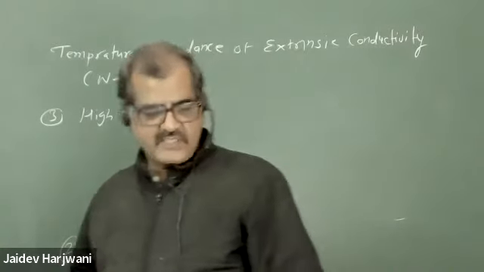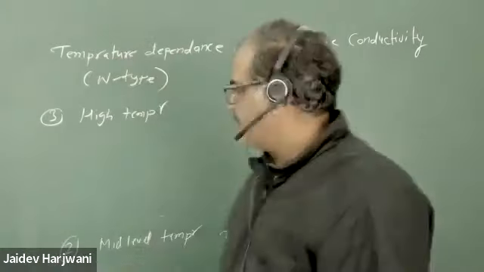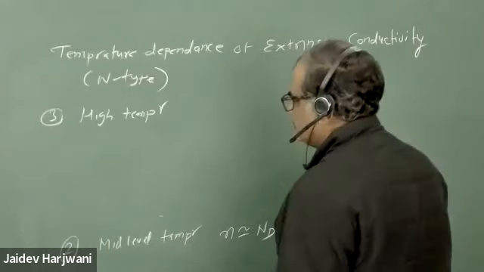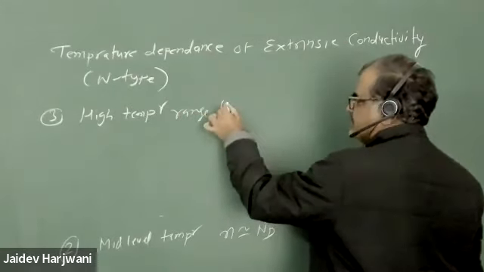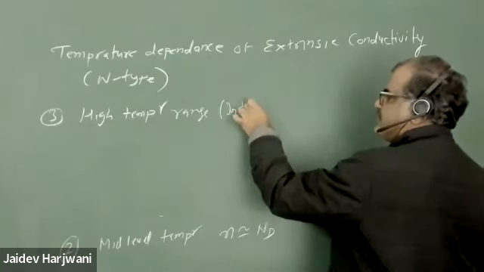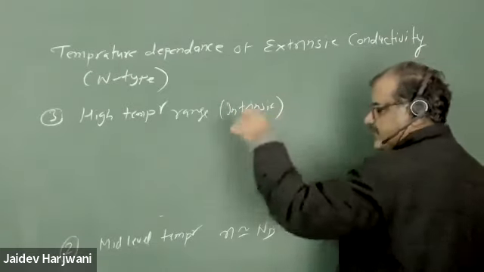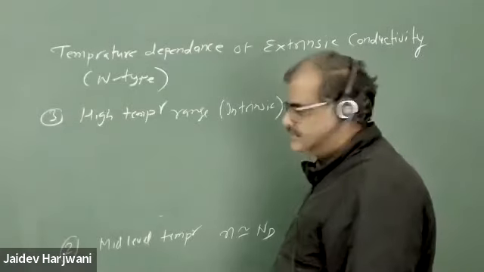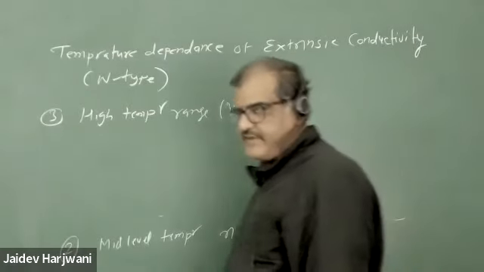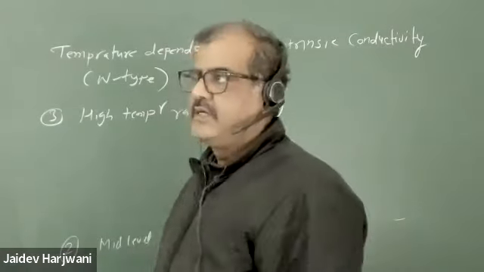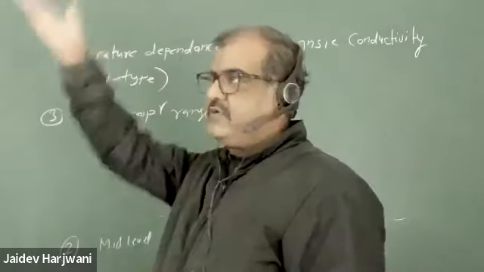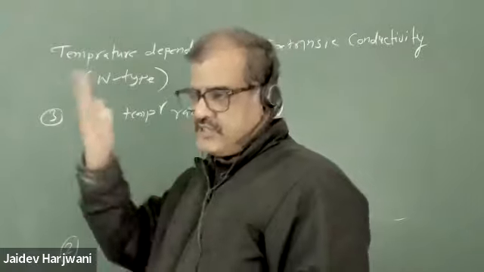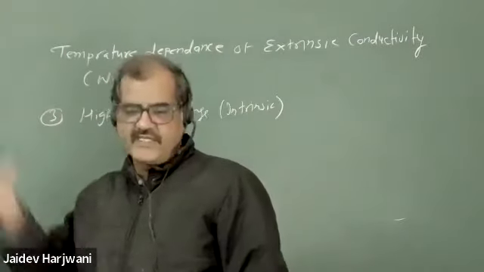Once you increase the temperature, slowly the conduction increases. So the high temperature range is called the intrinsic range. Here intrinsic conductivity dominates, because obviously intrinsic atoms are more. The intrinsic carrier density dominates. Electrons can come from the valence band to the conduction band. So the nature of conductivity now will be like intrinsic conductivity.